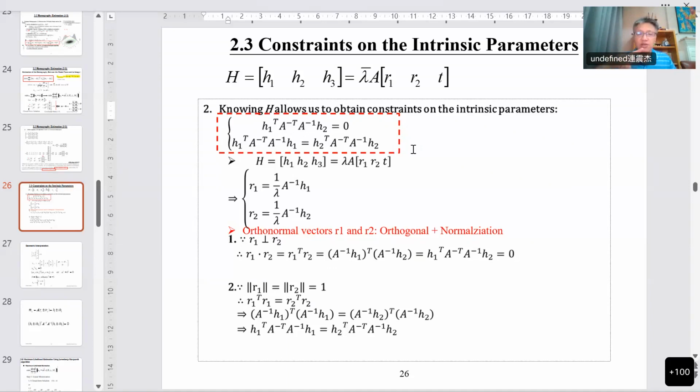Both equations finally become 0 at the right hand side, so the same will become a closed form solution. We move H2 to the left hand side, so this term minus this term becomes 0.